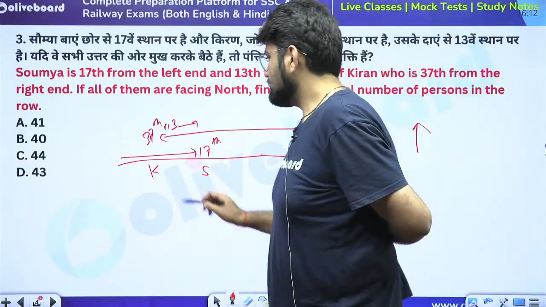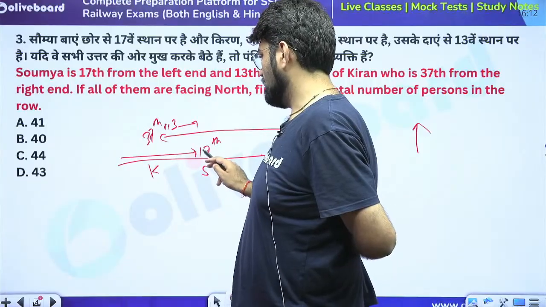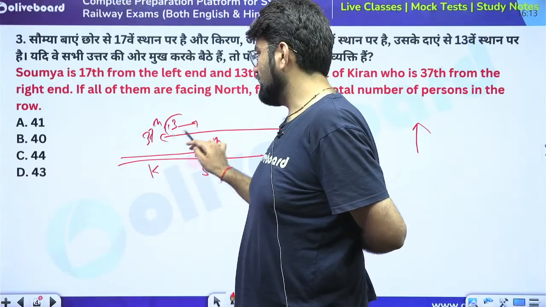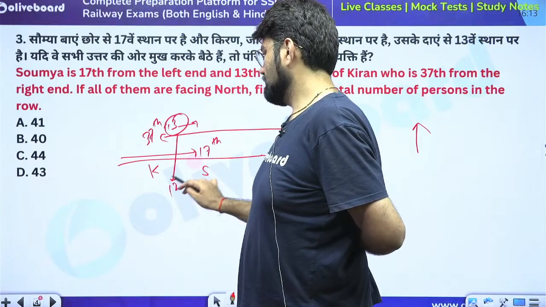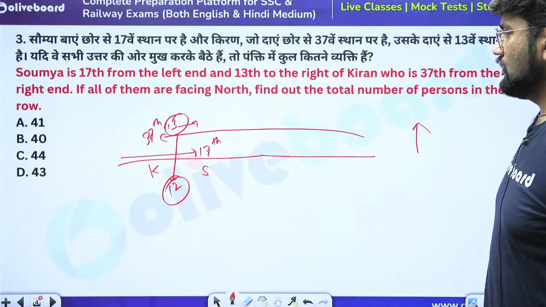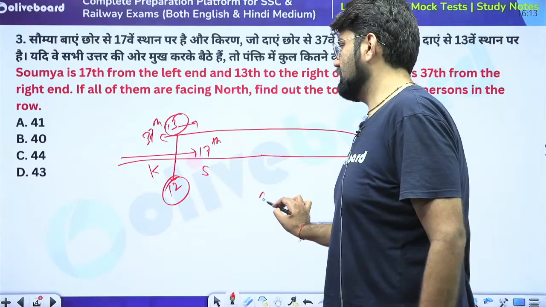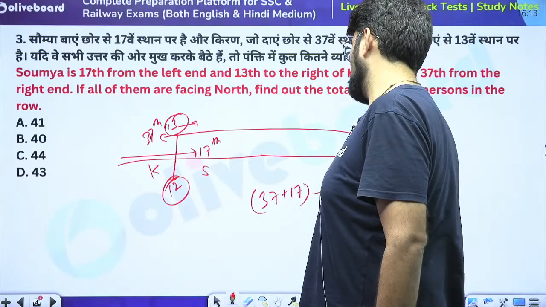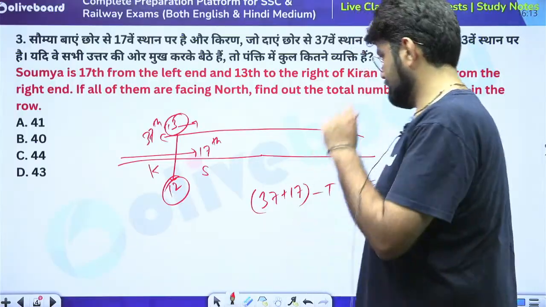So if she is 13th to the right of Kiran, her rank is 17th, Kiran's rank is 37th, and there are 12 people between them, isn't it? So I will say 37 plus 17 minus the total minus 2 is equal to 12.